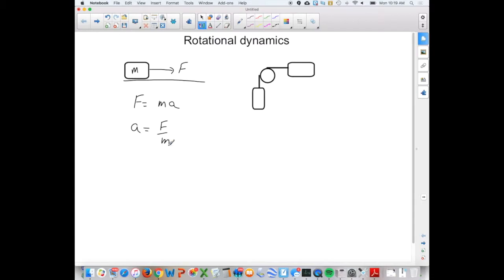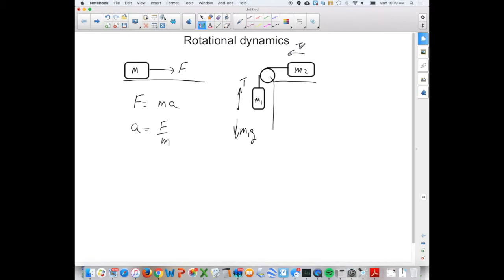The next level of review would be, imagine I've got a pulley, I've got an M1, an M2, and I release this thing, and I want to know what the acceleration is. As per usual, first step is free body diagram: tension up, M1G down, tension in this direction.